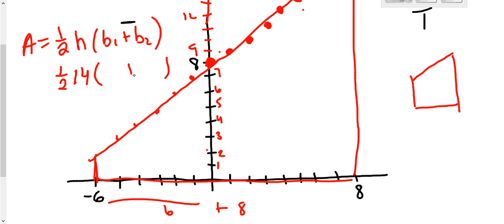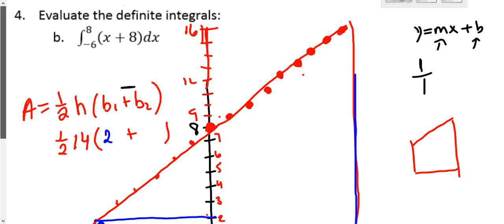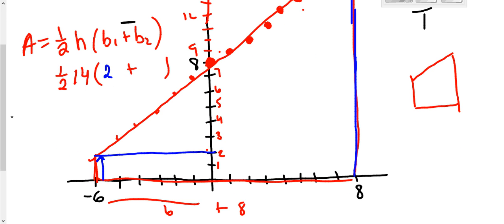And base 1 and base 2 are the y values of our end points. So our end point is -6 here, and our y value is +2. Our end point is 8 here, and our y value, if we go back up to what we counted out up here, is 16.